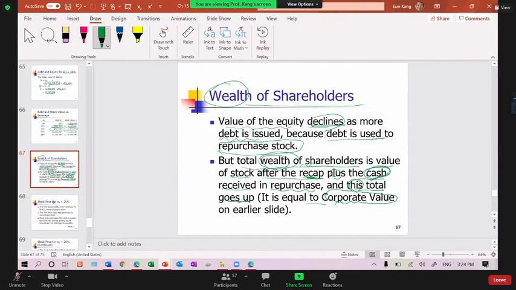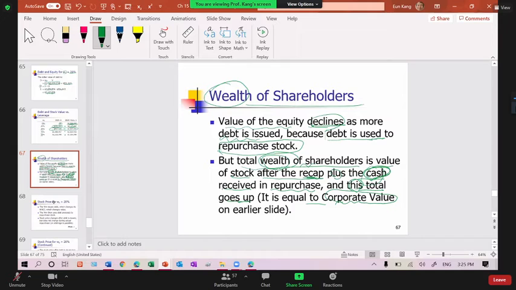The cash. Cash from the company repurchasing shares. They pay cash to stockholders. The stockholders get cash, right? Plus the stocks they hold.